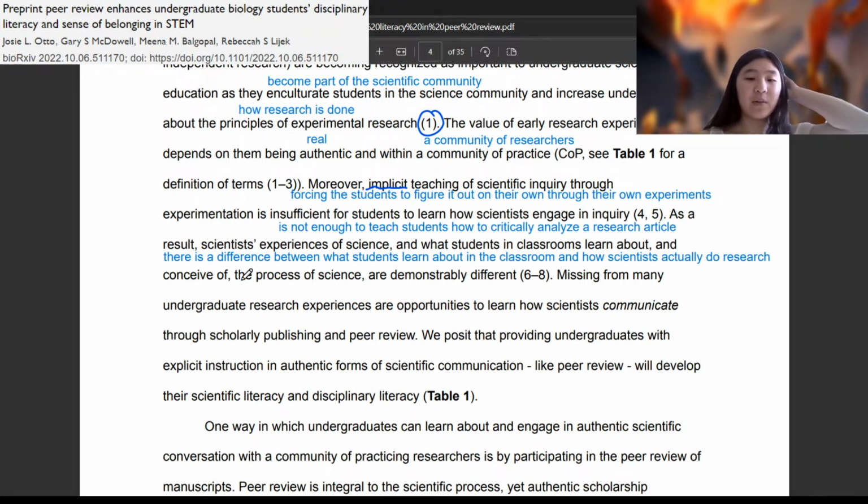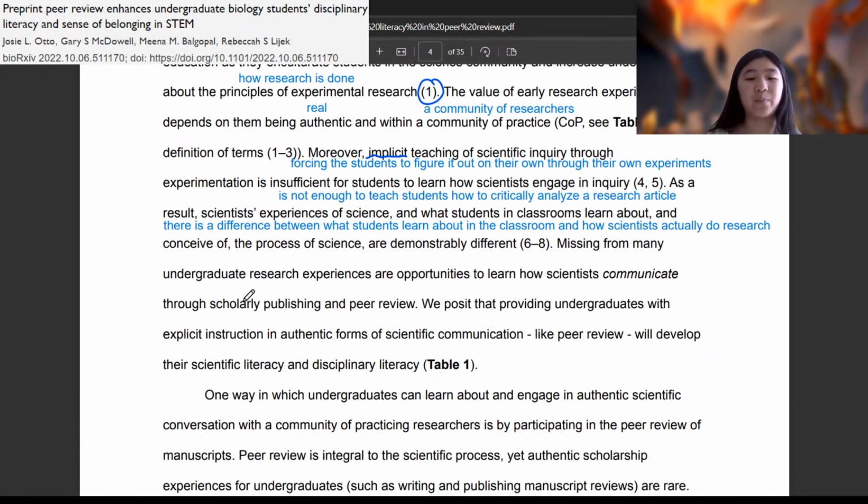So, missing from many undergraduate research experiments are opportunities to learn how scientists communicate through scholarly publishing and peer review. We posit, as in we propose, that providing undergraduates with explicit instruction in authentic forms of scientific communication, like peer review, will develop their scientific literacy and disciplinary literacy.